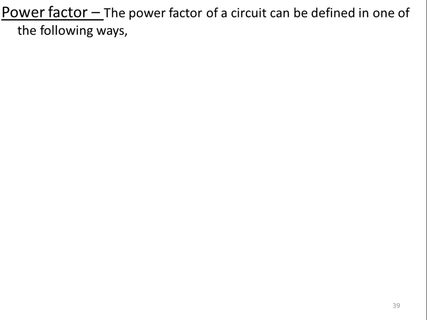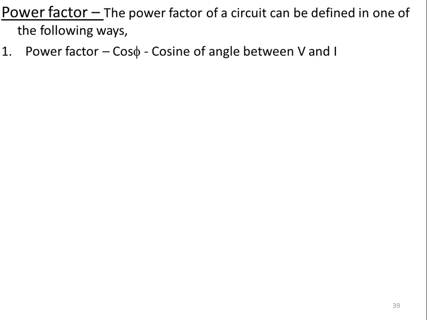Then coming to power factor. There are basically three ways of defining a power factor. First one, power factor is given by cos phi. It is the cosine of the angle between voltage and current.